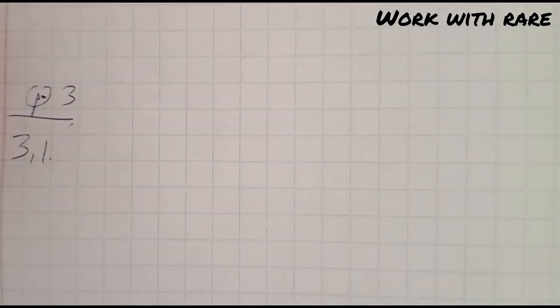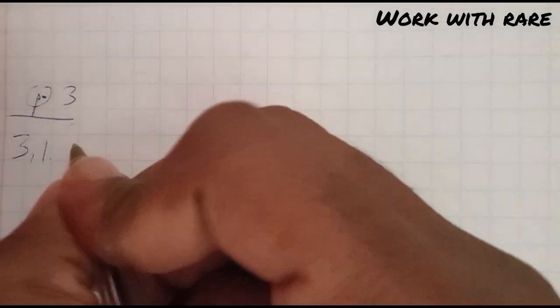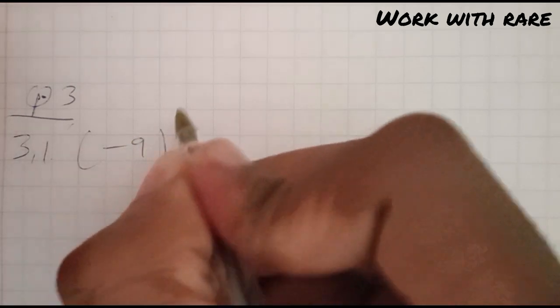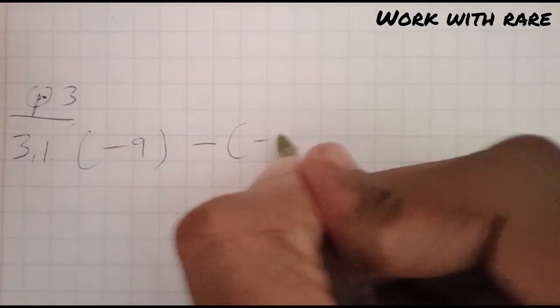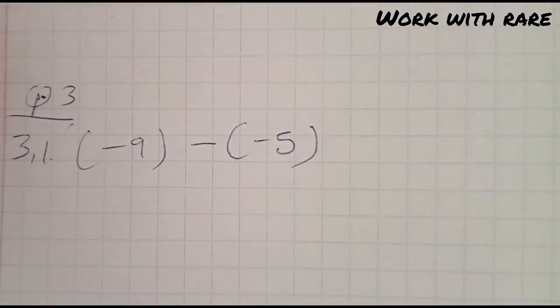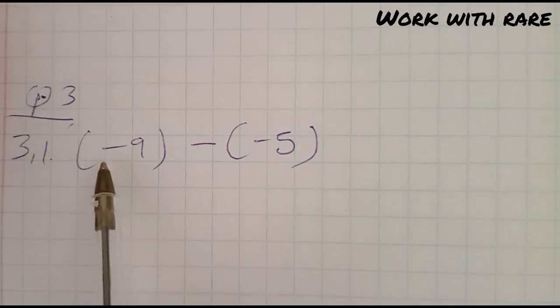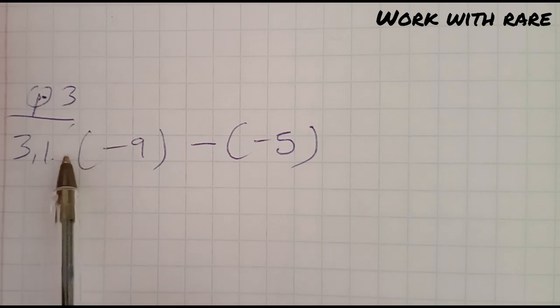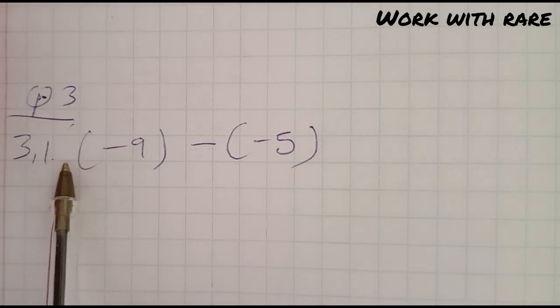So 3.1, we are given negative 9 in brackets minus negative 5 in brackets. We should break the brackets when we show our calculations. Here it's like negative 1 multiplied by a positive, because here we don't have anything.